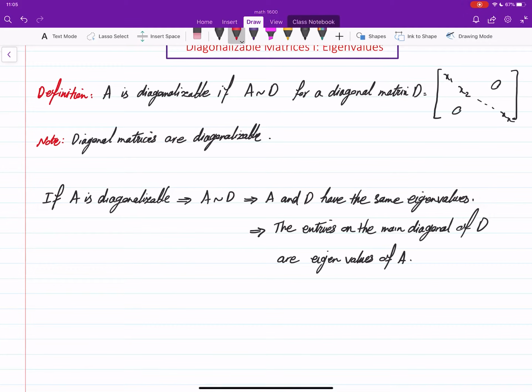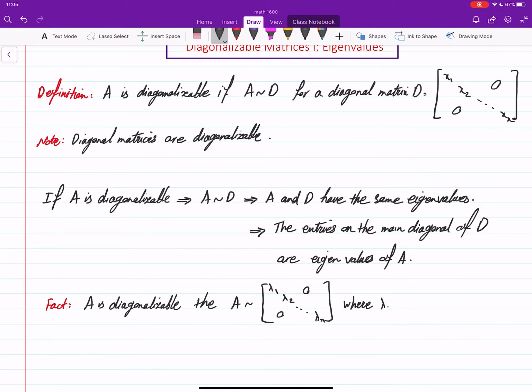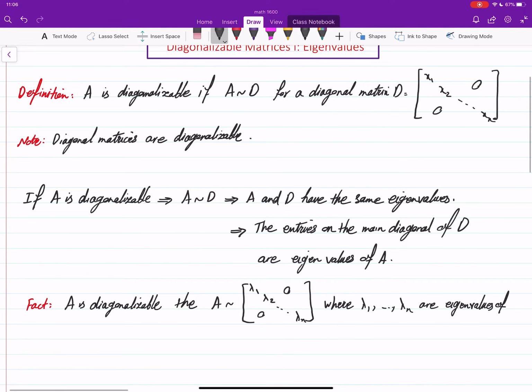Well, let me just write this as a fact. If A is diagonalizable, then A is going to be similar to the diagonal matrix lambda 1, lambda 2, up to lambda n, where lambda 1 up to lambda n are eigenvalues of A itself.